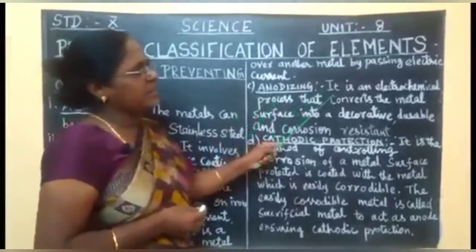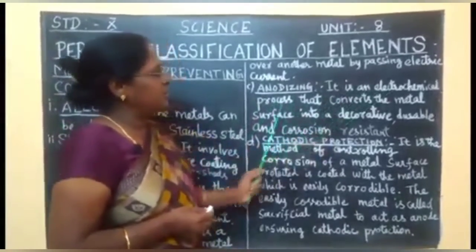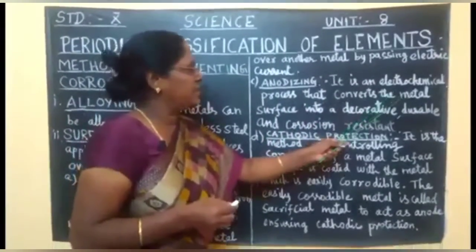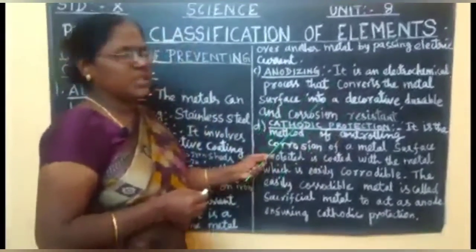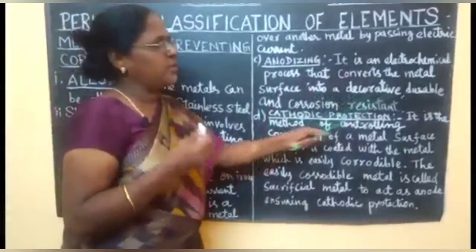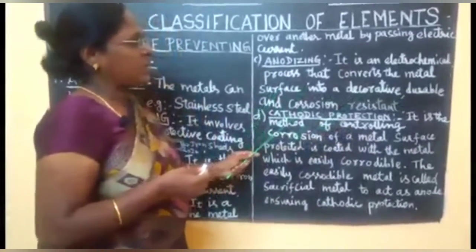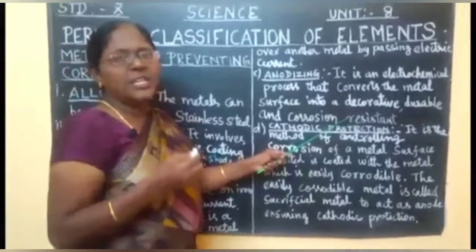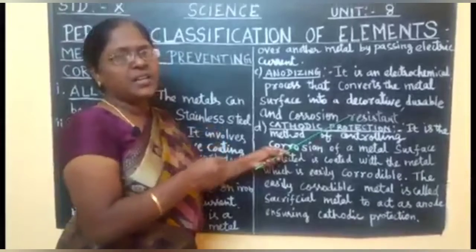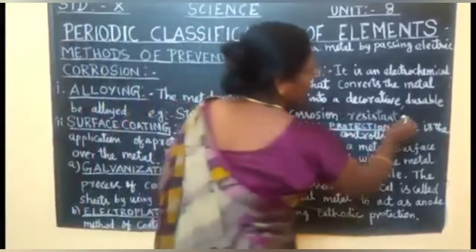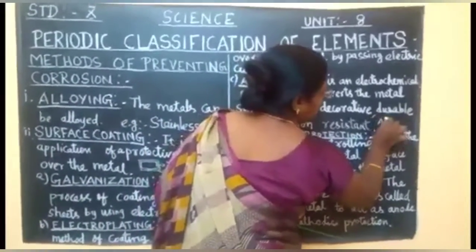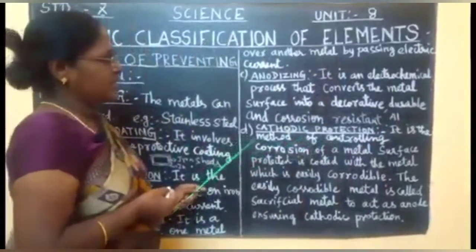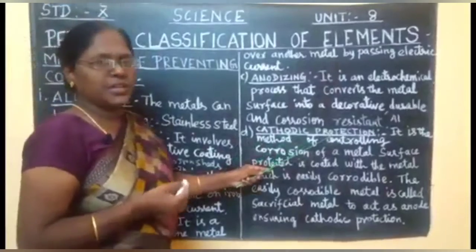anodizing. It is an electrochemical process that converts the metal surface into a decorative, durable and corrosion resistant one. Here, aluminium is used for the anodizing process. Aluminium symbol is Al. It is a metal. Last one is cathodic protection.